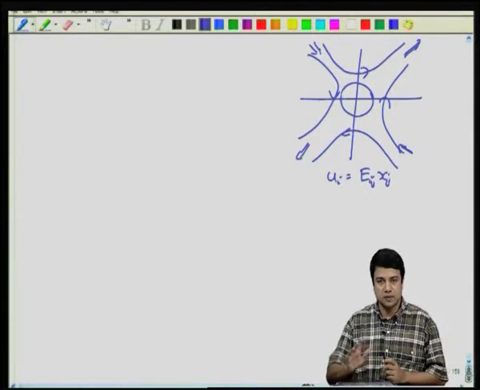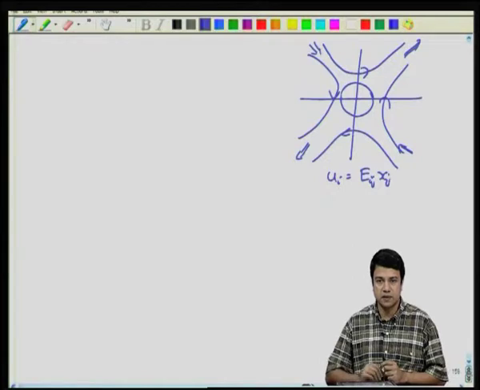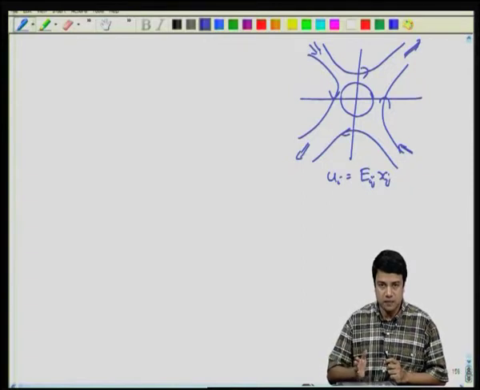So, this was what we had analyzed for extensional flow, and I told you that this is the only part of the rate of deformation tensor that results in stresses. The question we are going to ask here is, if I have a sphere, we know that the net velocity past that sphere is going to cause a net force.